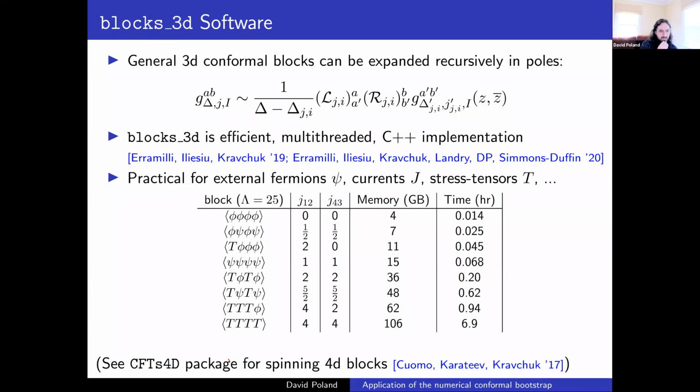There's also 4 dimensions, which is a bit different, but there's a Mathematica package called CFTs 4D for computing spinning 4D blocks developed by Cuomo, Karateev, and Kravchuk. But I just wanted to say Blocks 3D can now be used to efficiently compute spinning conformal blocks for external fermions, external stress tensors, external currents, at least the simplest cases of spinning operators that are interesting.